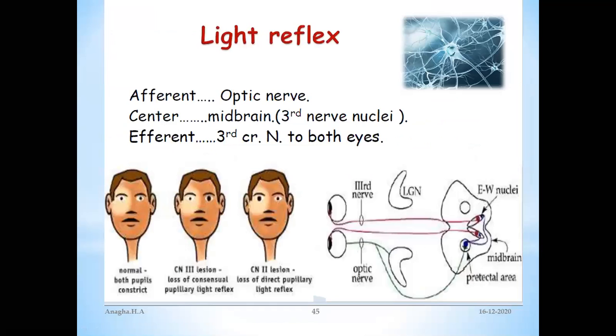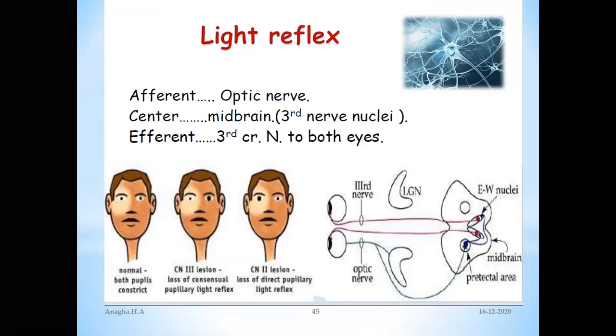Here you can see the light reflex, and you can also see the image down below. In the first one, normal, both pupils constrict. If there is a third nerve lesion, there is loss of the consensual pupillary light reflex. And in a cranial nerve 2 lesion, there is loss of the direct pupillary light reflex. So I said there is a direct light reflex and a consensual light reflex.